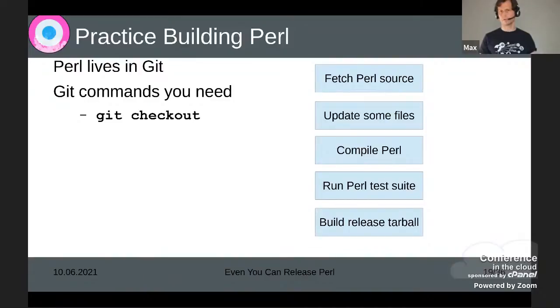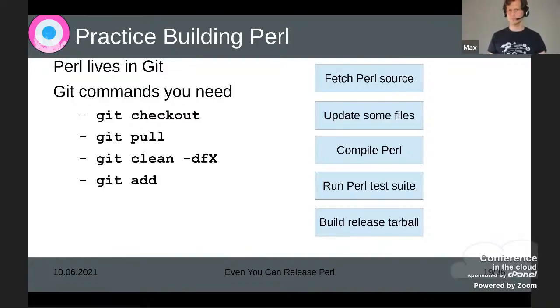Git checkout for actually creating a directory with the Perl source code from a repository, and git pull to fetch the newest Perl source code from the repository, git clean -dfx to wipe away everything that is not under Git source code control, and git add to add changes that you've made to files. Oh, and git commit to then combine all these changes you've added to a single commit that later can be published.